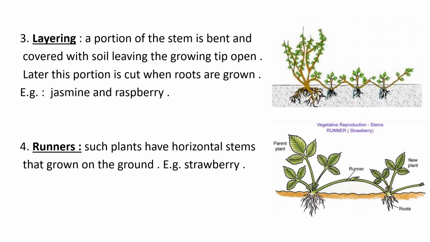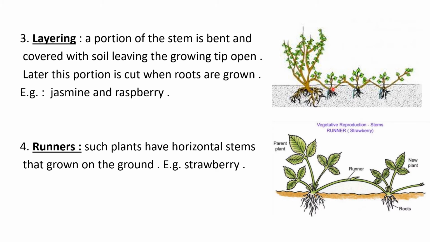So now students, we will learn about another process of reproduction through stem. Another process is layering. Here you can see that a branch has been bent from a plant and buried into the soil. Why has it been done?